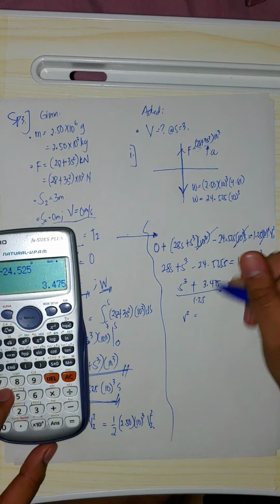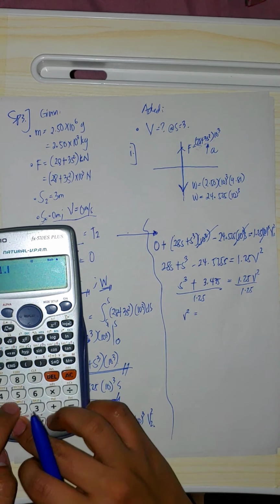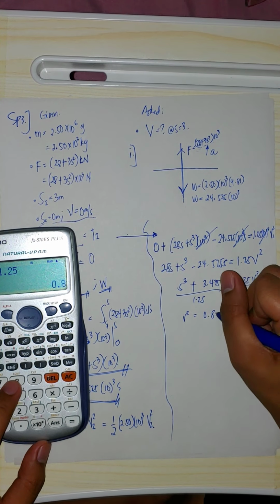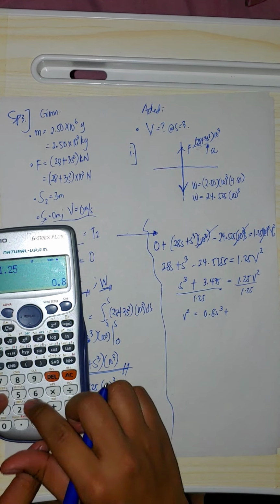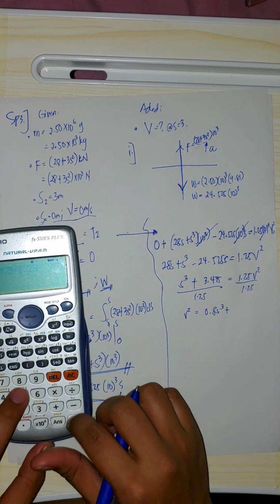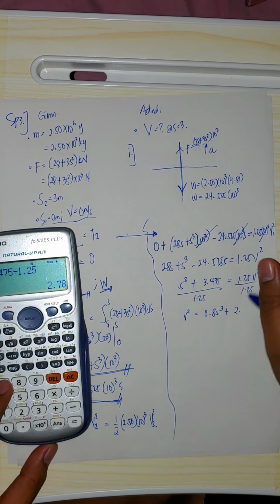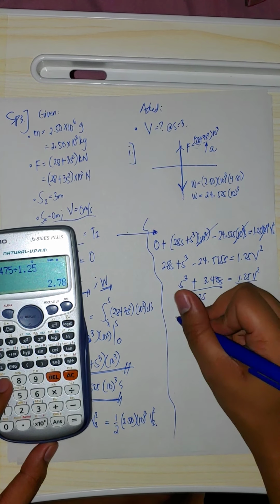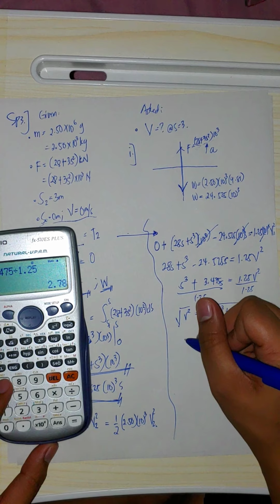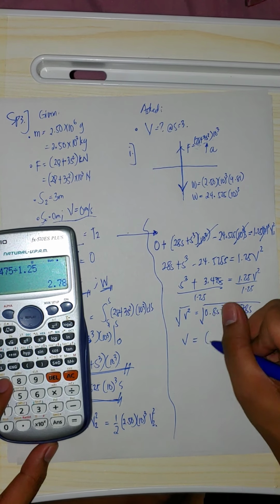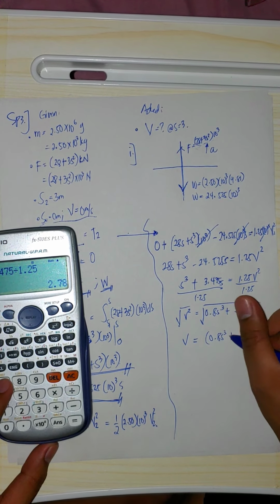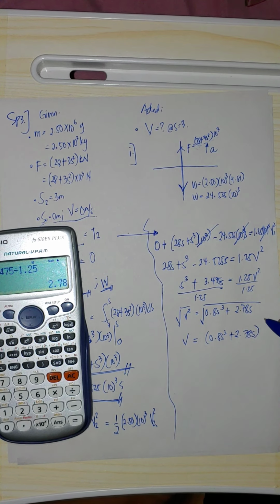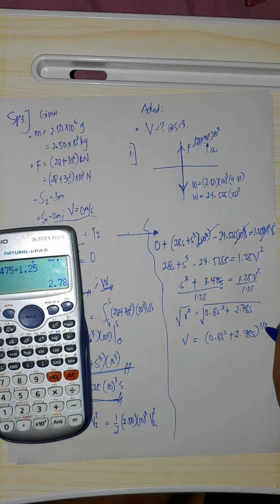So we can have v squared is equal to 1 divided by 1.25 times s cubed plus 3.475 divided by 1.25, which is 2.78s, we forgot the s here, and then we take the square root of both sides. So we have the velocity is equal to (0.8 s cubed plus 2.78 s) raised to 1/2.